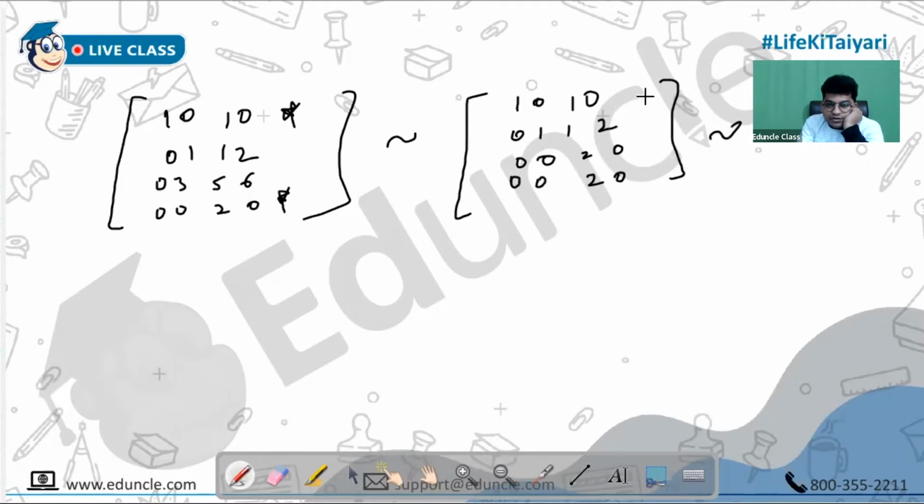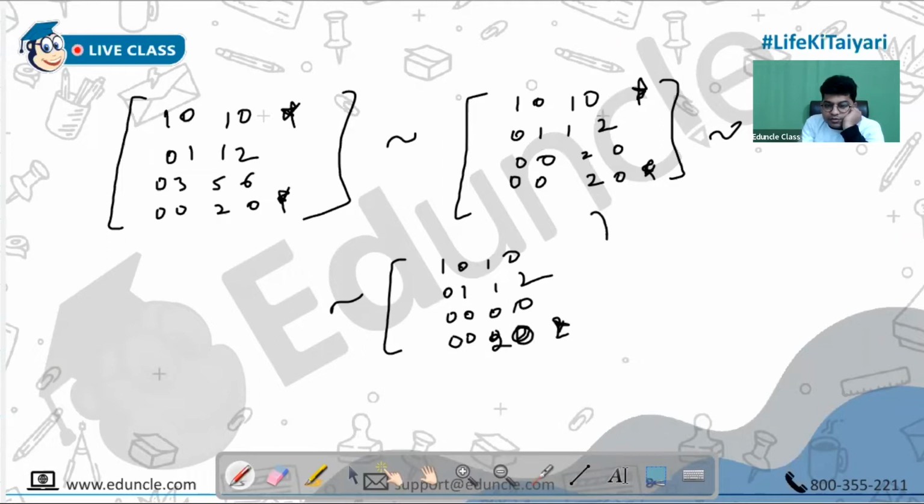Finally we have (1, 0, 1, 0), (0, 1, 1, 2), (0, 0, 0, 0) and (0, 0, 2, 0). We are not eliminating these two because they are our main rows; we do not have to delete them.